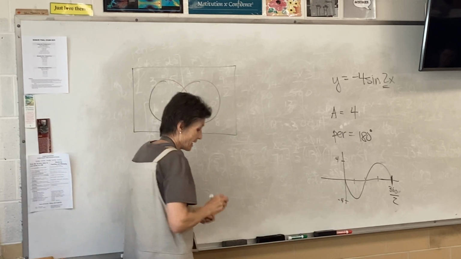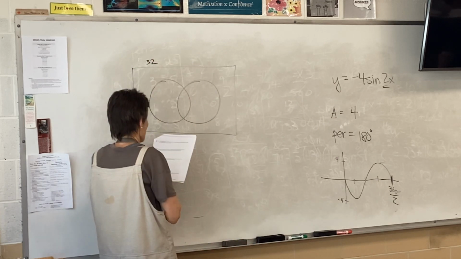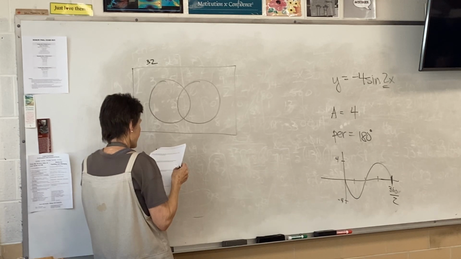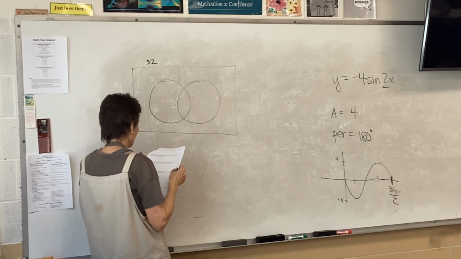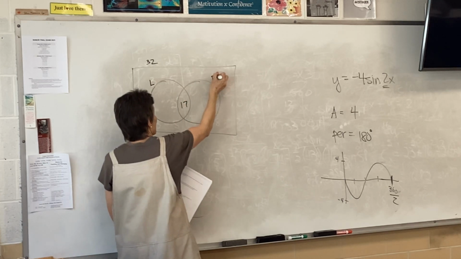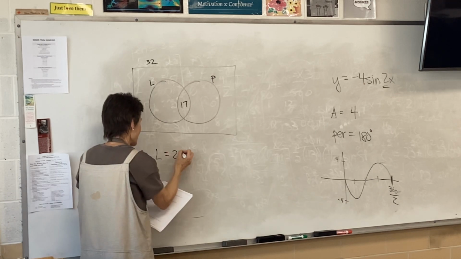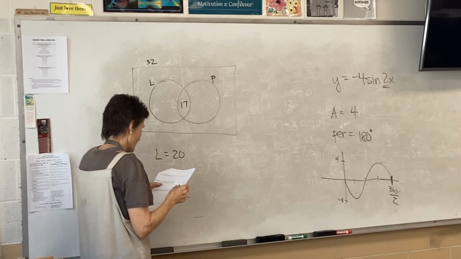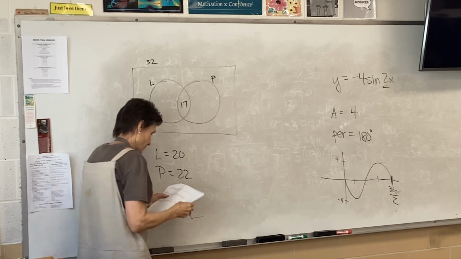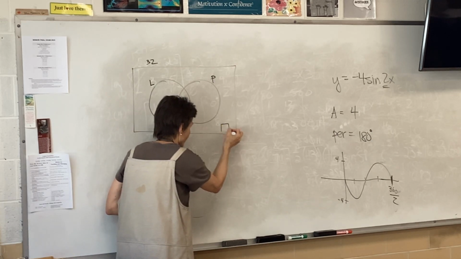There's 32 of them. 20 of them love logs. 17 of them love both logarithms and polynomials. 22 love polynomials. How many love neither? What I'm really looking for is this number right here.